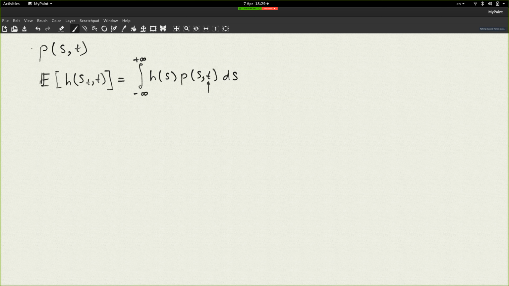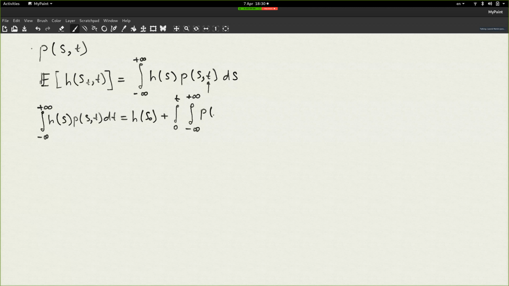We get integral from minus infinity to plus infinity h of s or st, doesn't matter, p of s and t dt equals h of s0, as you remember, plus integral from 0 to t, integral from, again, minus infinity to plus infinity, our density, again, p of s and t, multiplied by the expression from which we get the expected value.